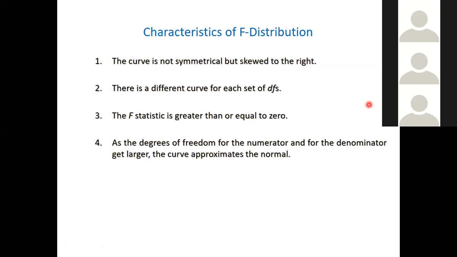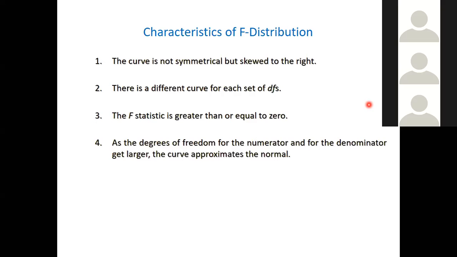The chi-square and F distributions are skewed to the right, which means they don't have negative values. They range from 0 to infinity. If you look at the T distribution and normal distribution, they have negative and positive values. The 0 is in the middle, and the negative side is a mirror image of the positive side. Those are the characteristics of the normal distribution and T.